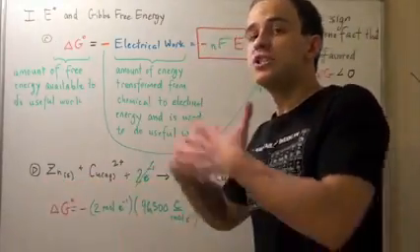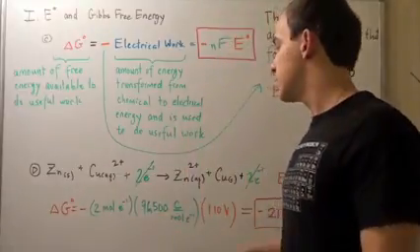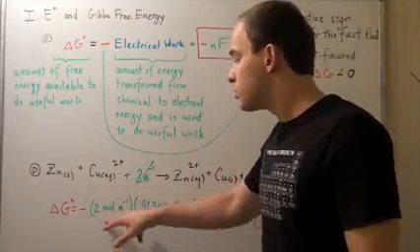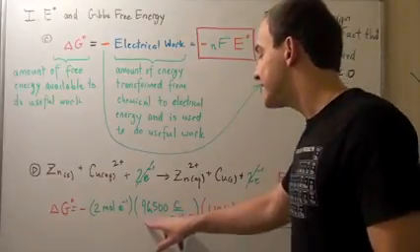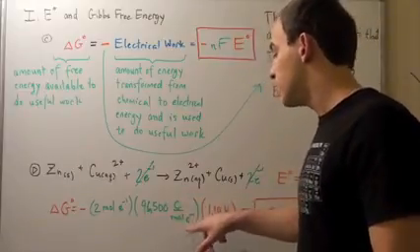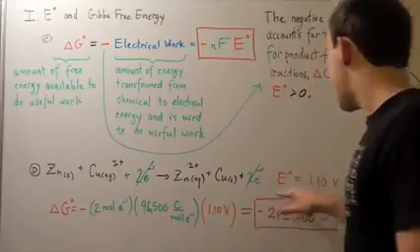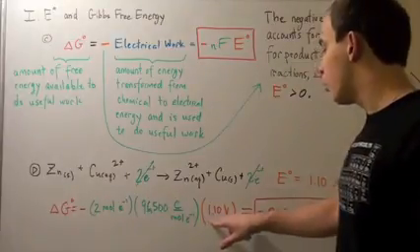Zinc loses 2 moles of electrons, and copper gains 2 moles of electrons. That means we're dealing with 2 moles of electrons, times Faraday's constant, approximately 96,500 coulombs per mole of electrons, times our cell voltage or electromotive force, 1.1 volts.